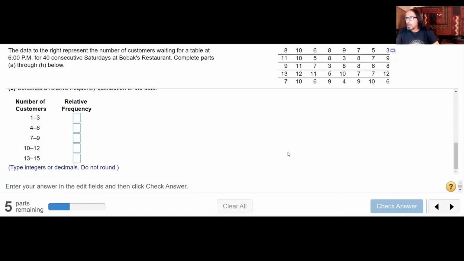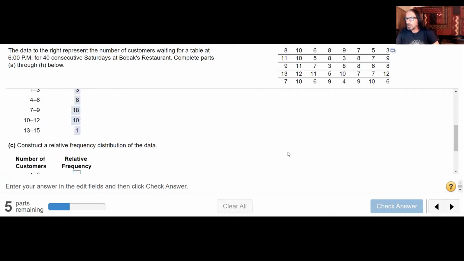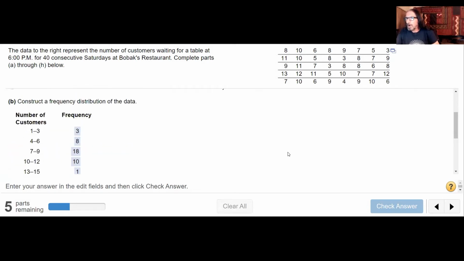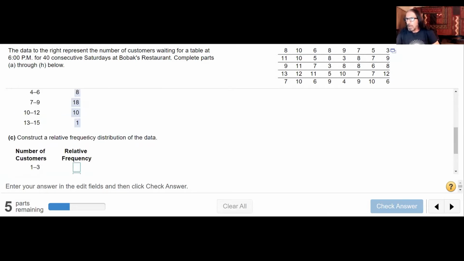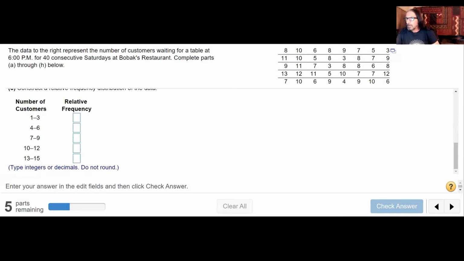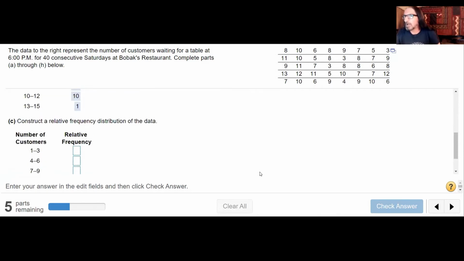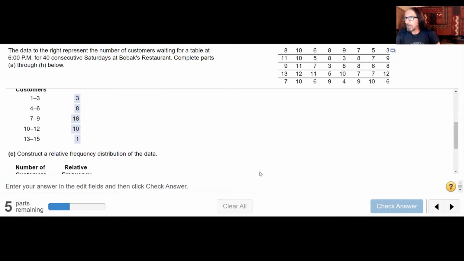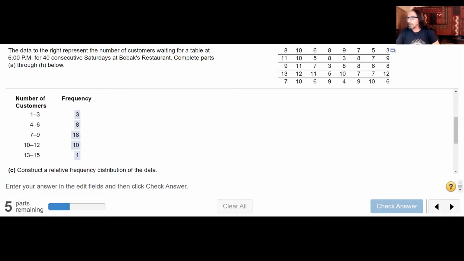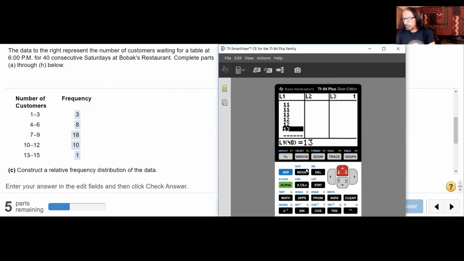Now they want relative frequencies. We go back to the frequency of each class and divide by 40. And a quick way to do that without referring too much to a calculator is dividing by 4 is easier to do, and then you can move the decimal place 1 to the left.